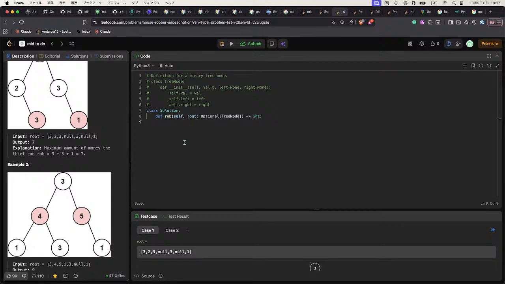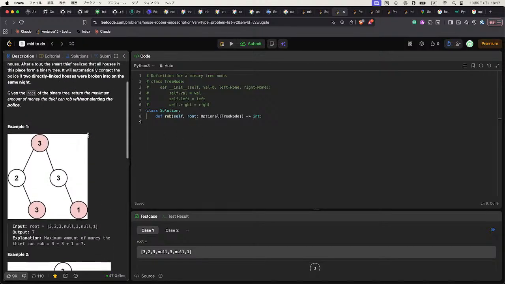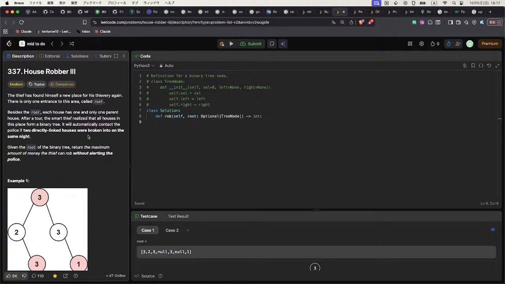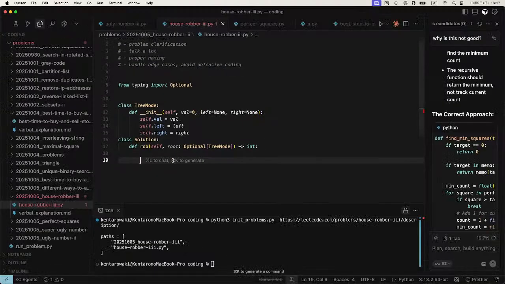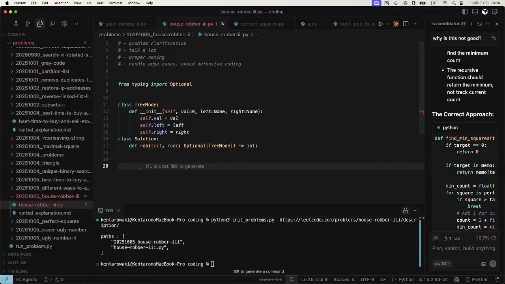But this is a tree, so the bottom-up solution would be difficult because we don't use an index to point to the node.